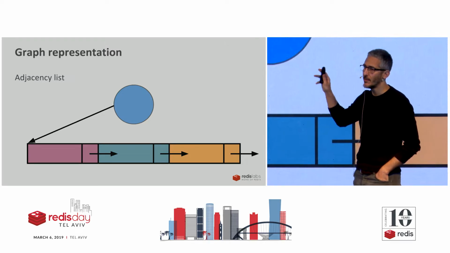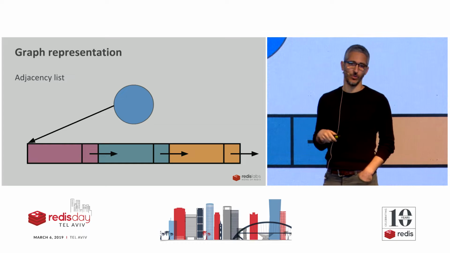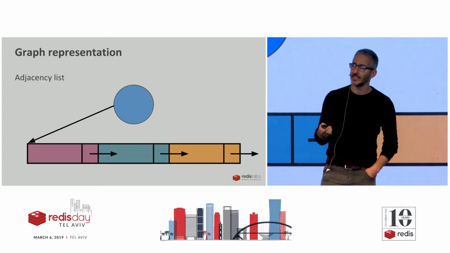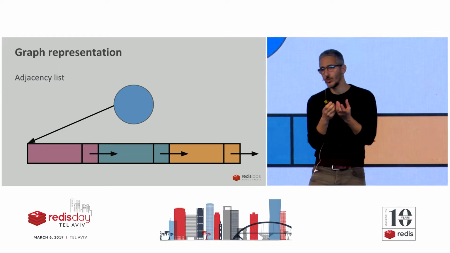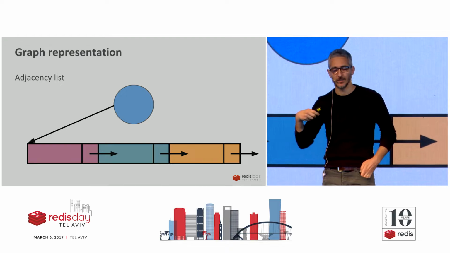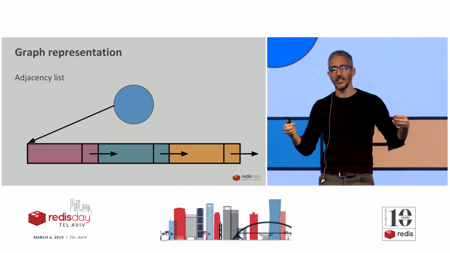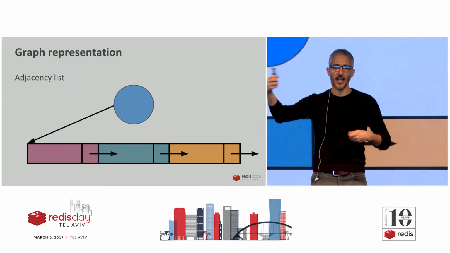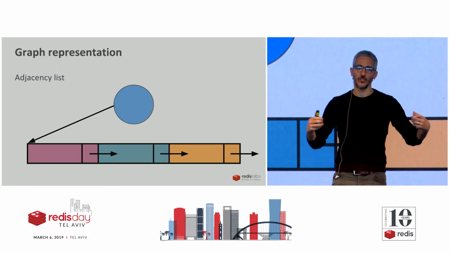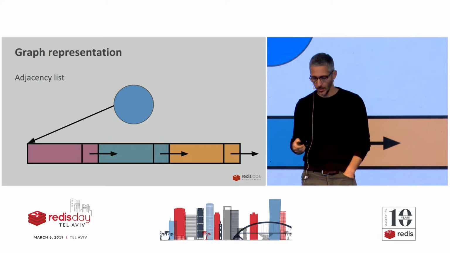This is the most common way, what everybody is doing, an adjacency list. The idea behind an adjacency list is that every node in the graph maintains a list of its neighbors. Usually, the list itself is a linked list because the list of neighbors is dynamic. I can connect two nodes and I can disconnect two nodes, and so I want this structure to be dynamic.